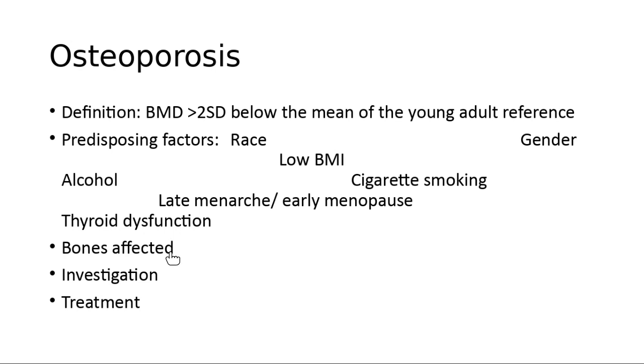You will be having a session dealing with hip fractures especially. And for now, we will have a look at some of the affected bones, and how you investigate and treat osteoporosis.